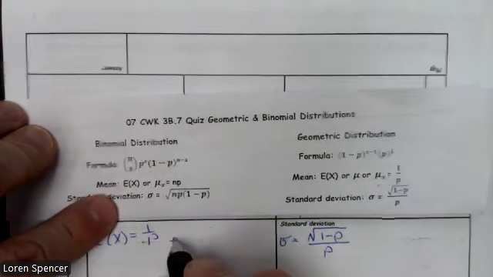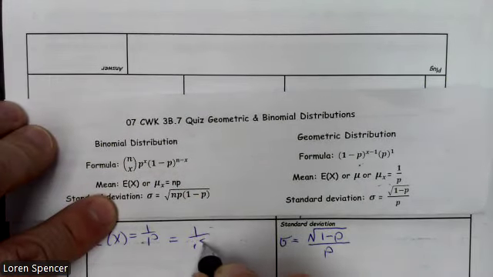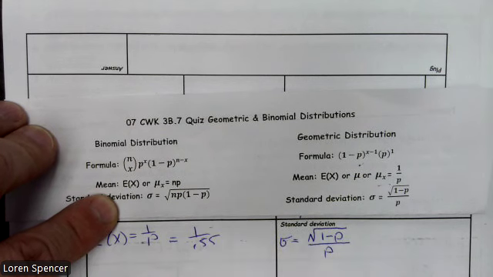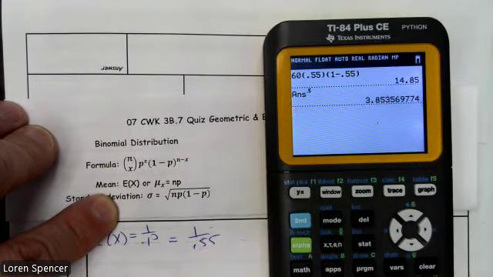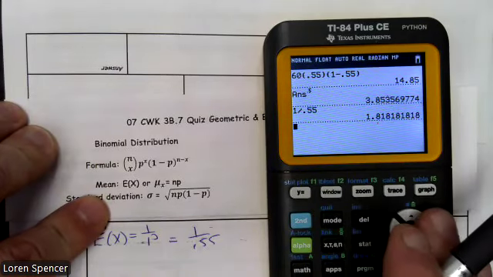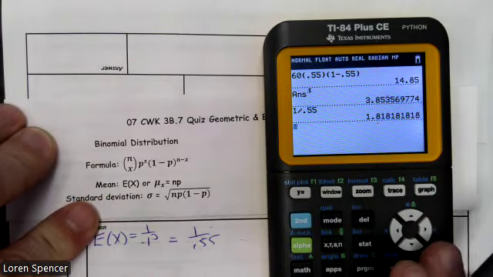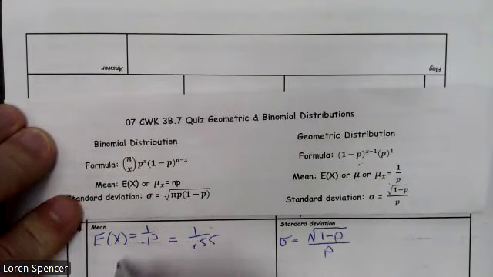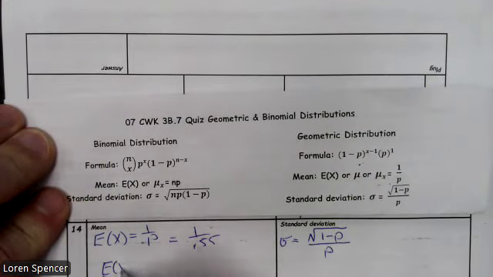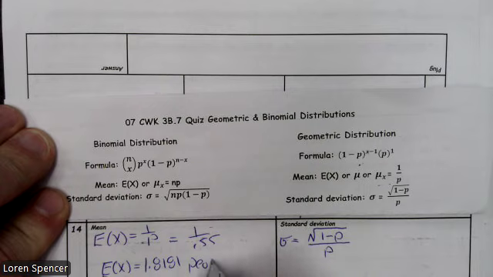So this is just 1 over 0.55. So 1 divided by 0.55. We're going to have to screen on average 1.818 people. So our expected value is 1.8181 people.